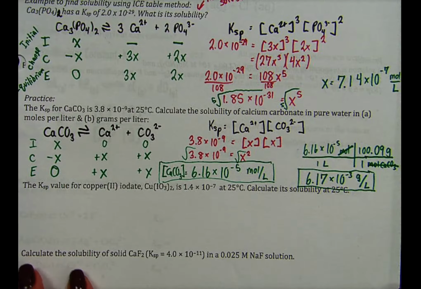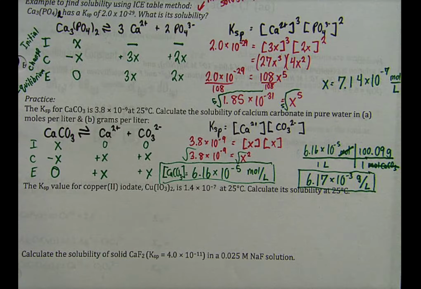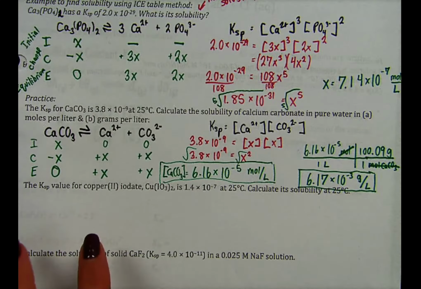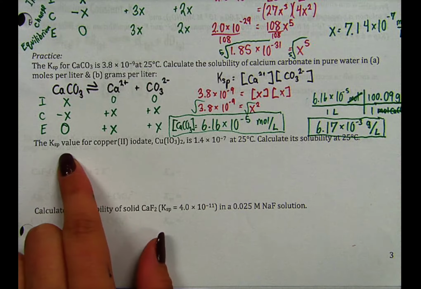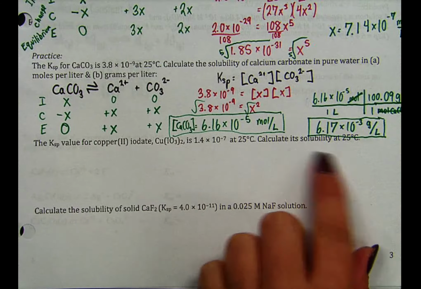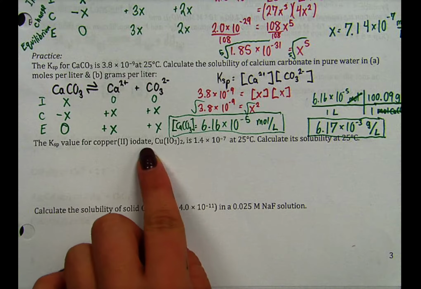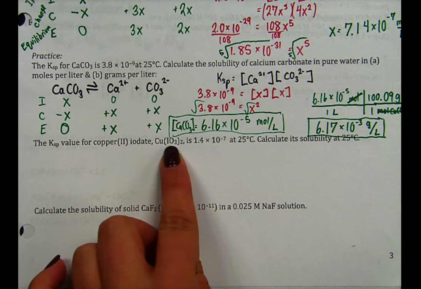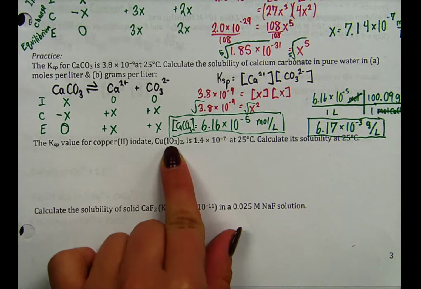Again, the trick for these is just to practice them over and over and over again. So I want you to try this next one on your own. Calculate the solubility of copper 2 iodate. Iodate, if you're unsure, it's IO3 minus.